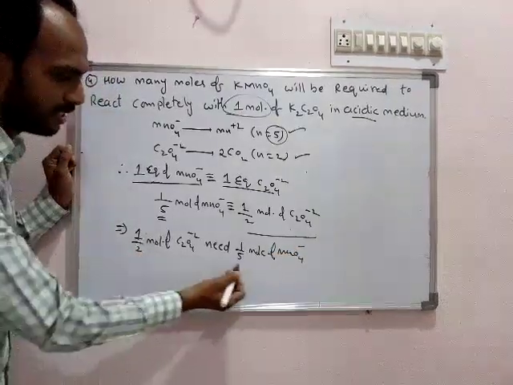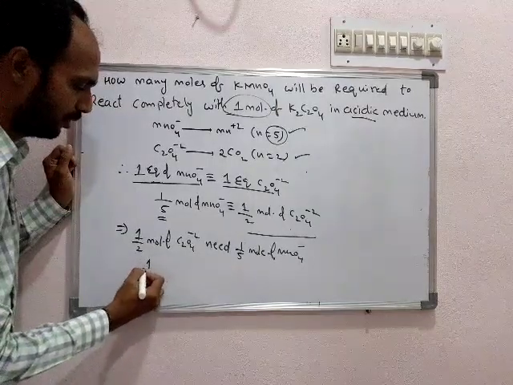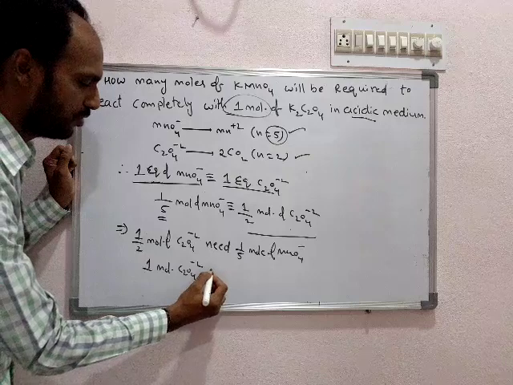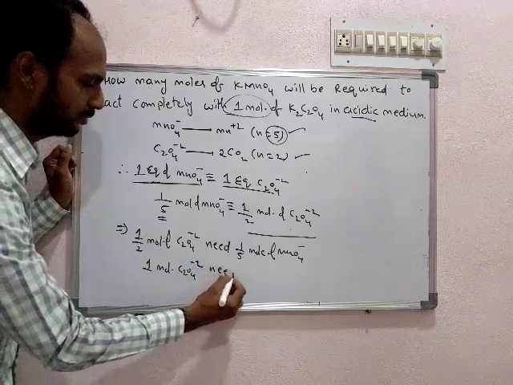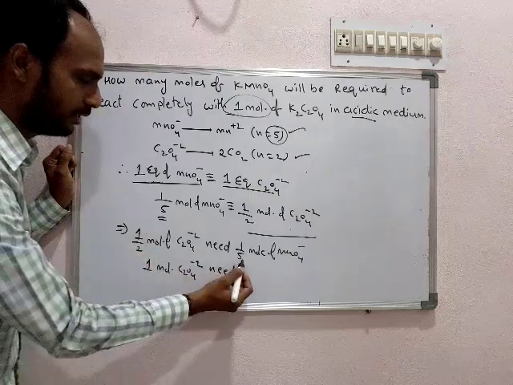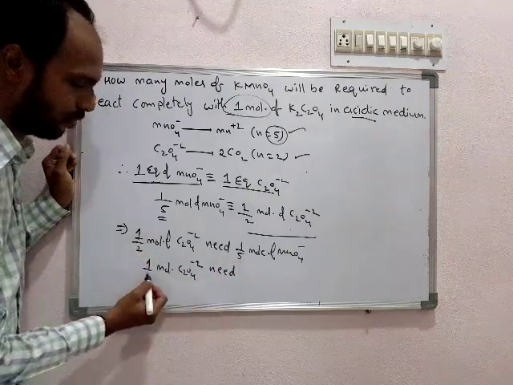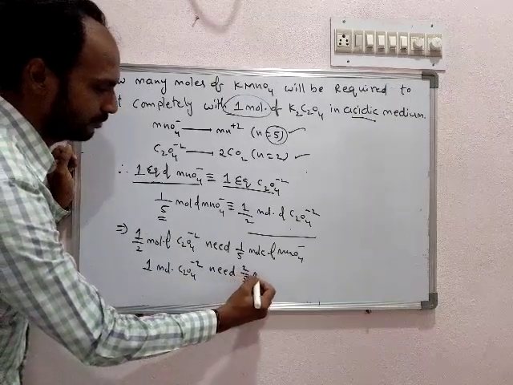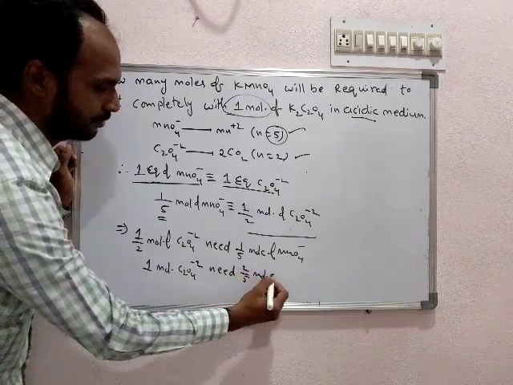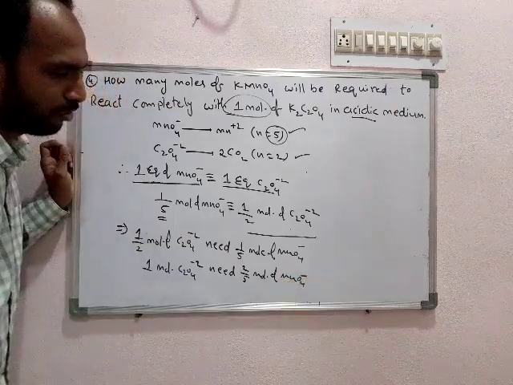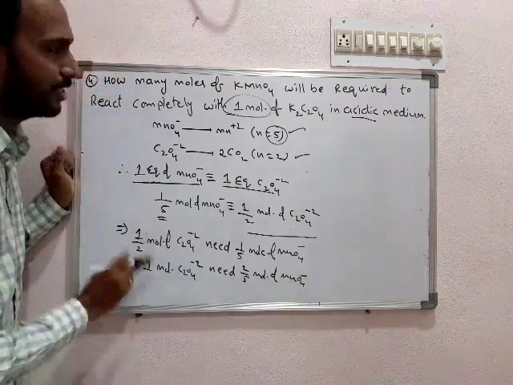So what about 1 mole? 1 mole of C2O4 2- needs 2 by 5 mole of MnO4 minus.